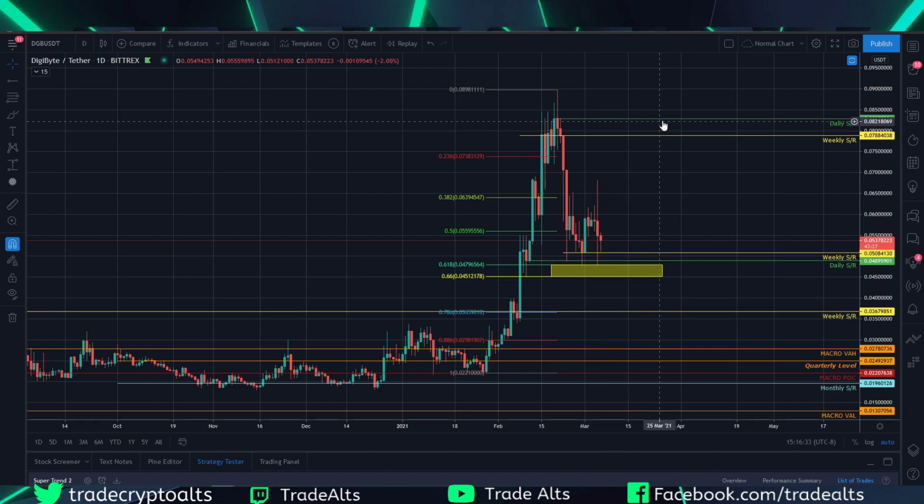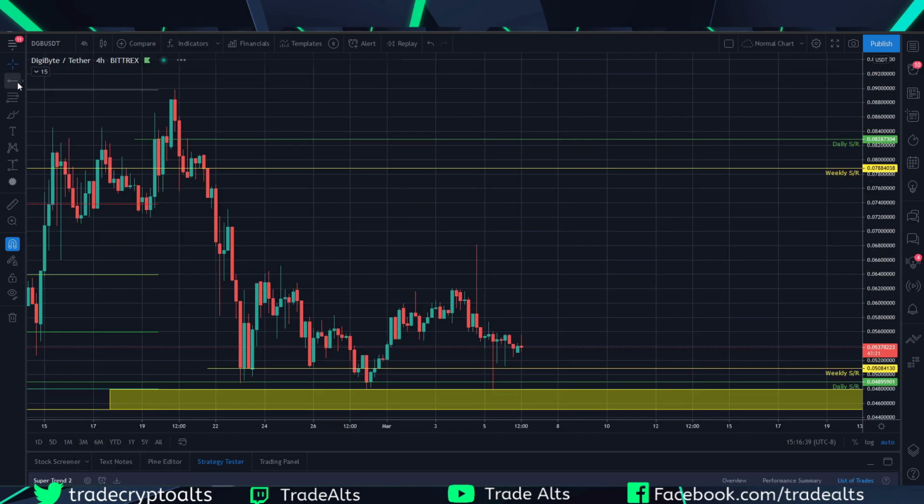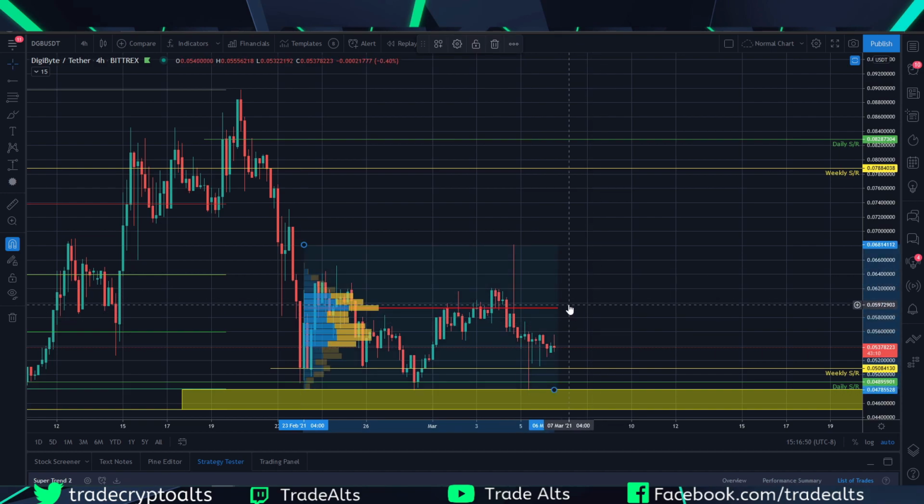And this is your current resistance. I will pull it for you one more time just so you can see it. Your immediate level that you need to reclaim in order to move up and possibly test that weekly is right here, your point of control, sitting just under 6 cents.